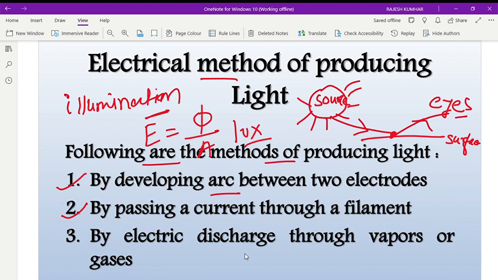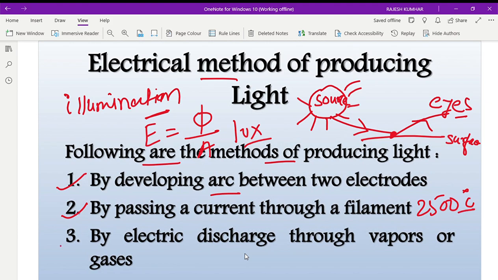At low temperature only heat is produced, but at higher temperature light radiation goes on increasing. We know that a filament lamp consists of a fine wire of high resistive material placed in an evacuated glass lamp. The temperature of this kind of lamp is 2500 degrees centigrade.